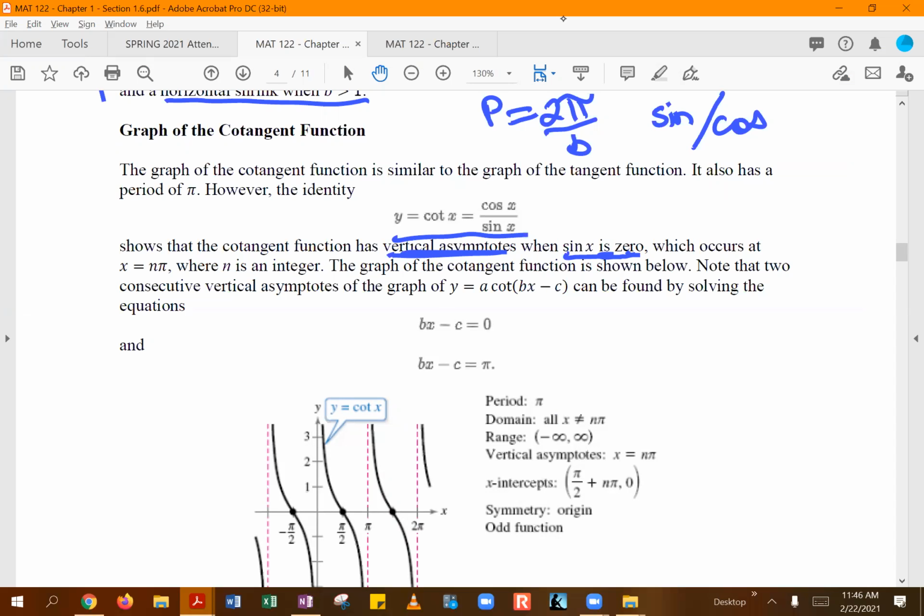Cotangent function also has a period of pi, and since it's a period of pi, our vertical asymptotes will also occur at an interval of n times pi, where again n is your integer value. But look at for the cotangent functions how these equations change.